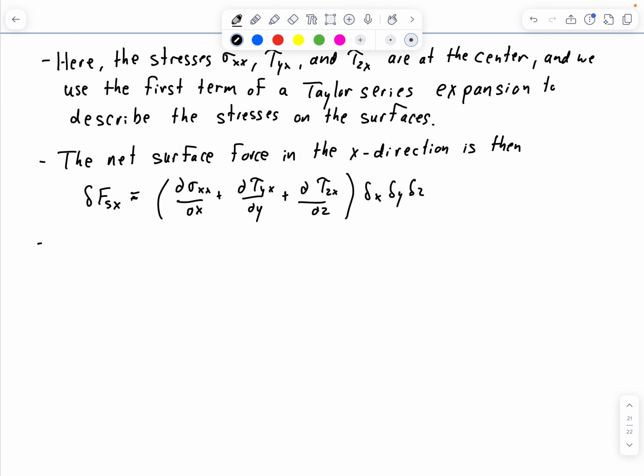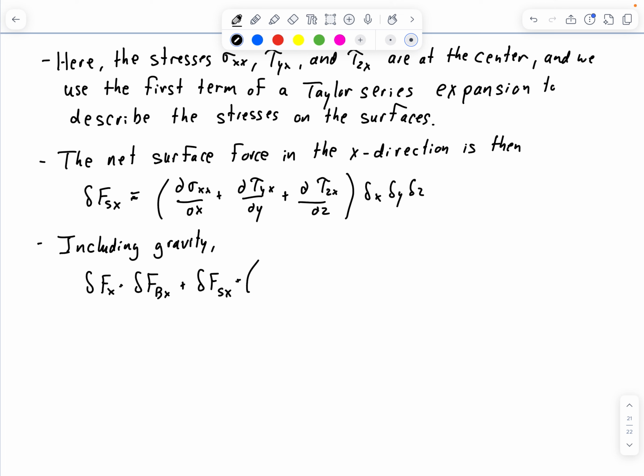We haven't included our body forces yet. If we include gravity as our body force, then the net x force, delta Fx, is equal to the body forces and surface forces added together.